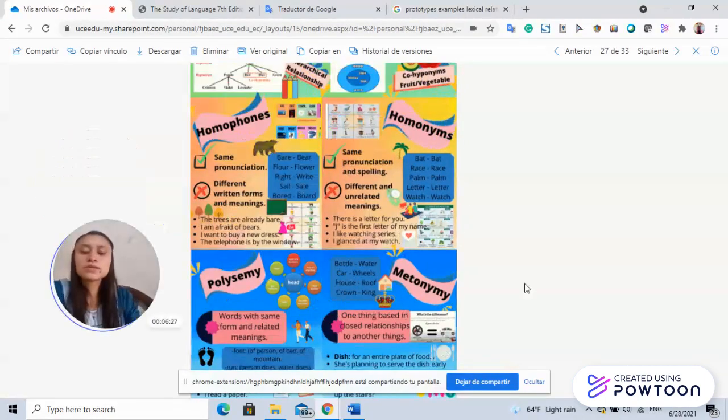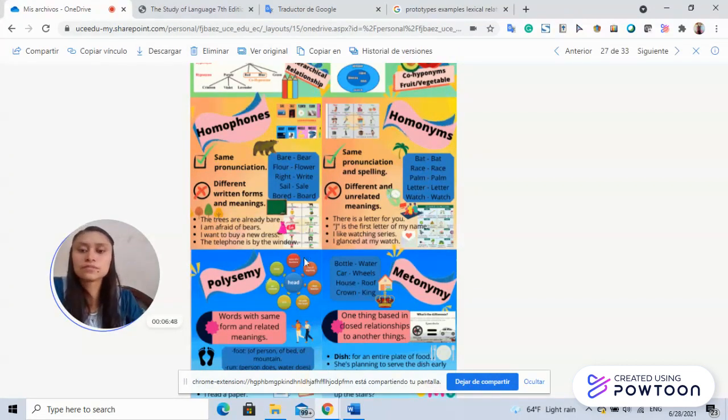Okay, and the last ones are polysemy and metonymy. Polysemy, in which words have the same form and related meanings. For example, foot, we can say the foot of a person, of a bed, of a mountain.